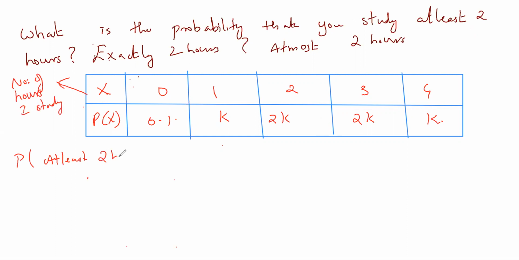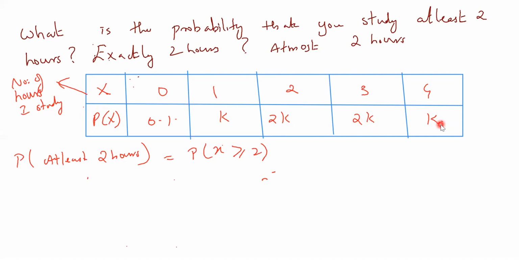At least 2 hours in the sense, P of at least minimum 2 hours. So x should be what? Greater than or equal to 2. Correct? So I should write 2k plus 2k plus k.